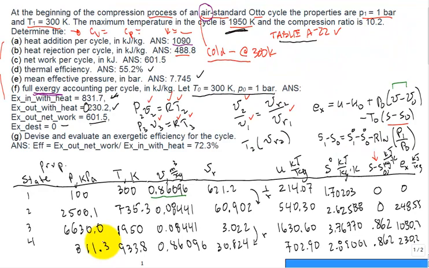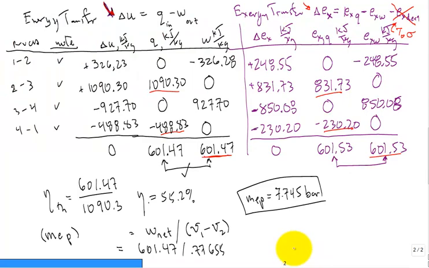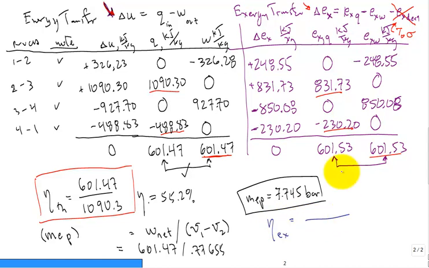And the last part, devise and evaluate an exergetic efficiency for the cycle. Well, you come over here to this thermal efficiency, and it's what you wanted over what you had to pay for. And you just do the same thing. You come over here and you say, I'm not going to have a thermal efficiency, I'm going to have an exergetic efficiency. Now what do I want?